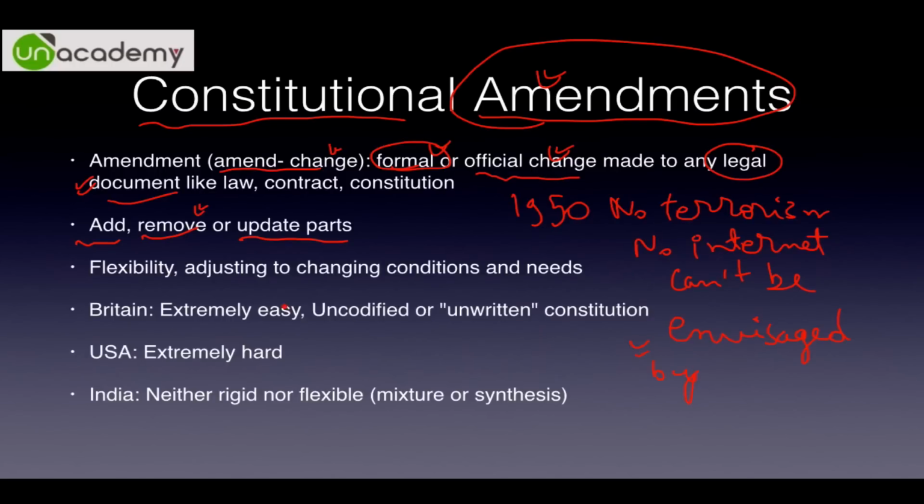Then what they leave is the scope of flexibility and to adjust to the changing conditions and needs, so that you can adapt. Otherwise the document will perish, because it has to be a living, vibrant, organic document. First of all, our constitution has something like 1,17,000 words.